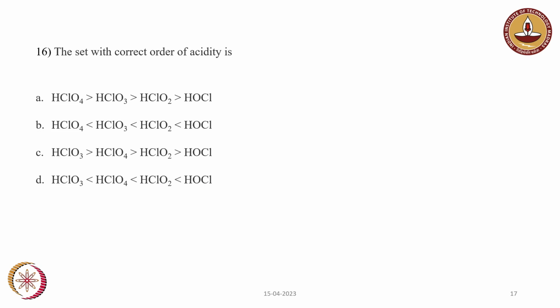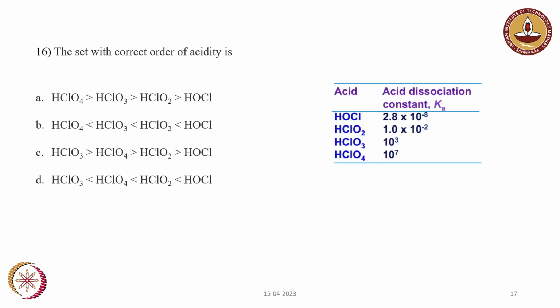So for a given halogen, the strength of the oxyacid increases with the oxidation state of the halogen. From the dissociation constant, we can see that as the number of oxygens increases in the oxyacid, the acid dissociation constant increases.